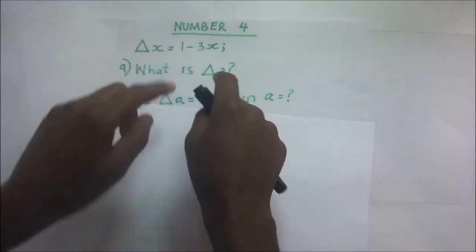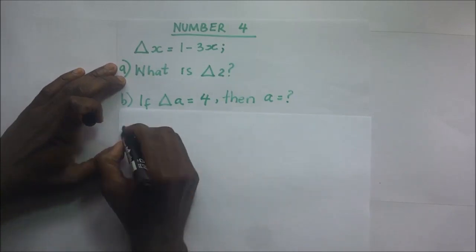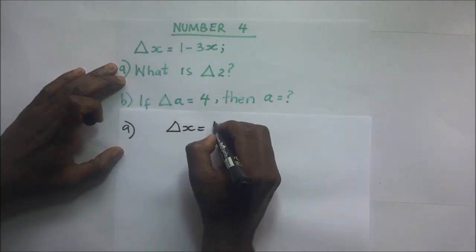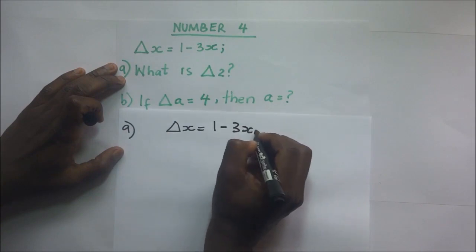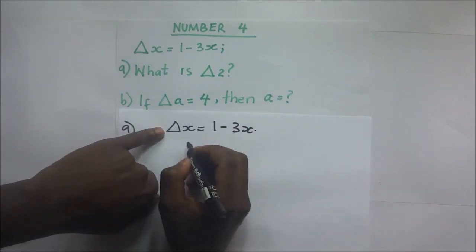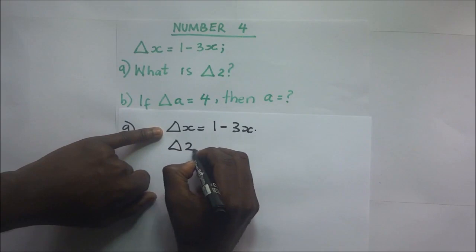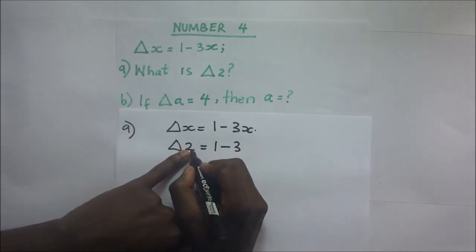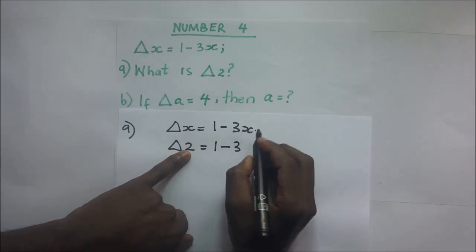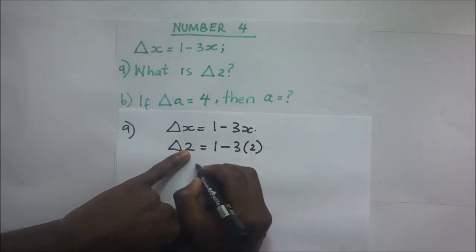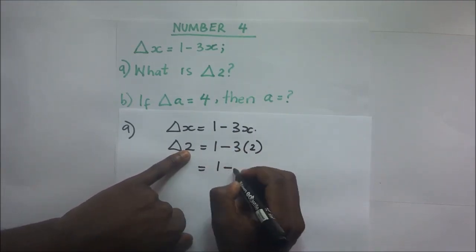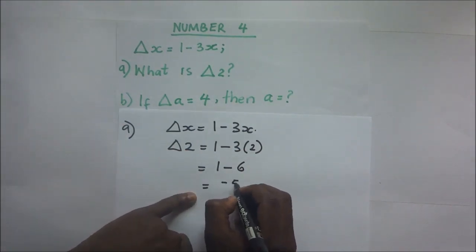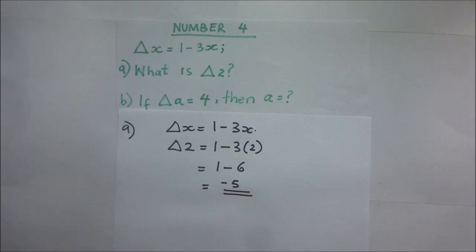So if I may rewrite the solution here, delta x is given by 1 minus 3x, meaning that delta 2 is 1 minus 3, where the value of x is 2. So this becomes 1 minus 3 times 2, which is 6. And our answer is negative 5.